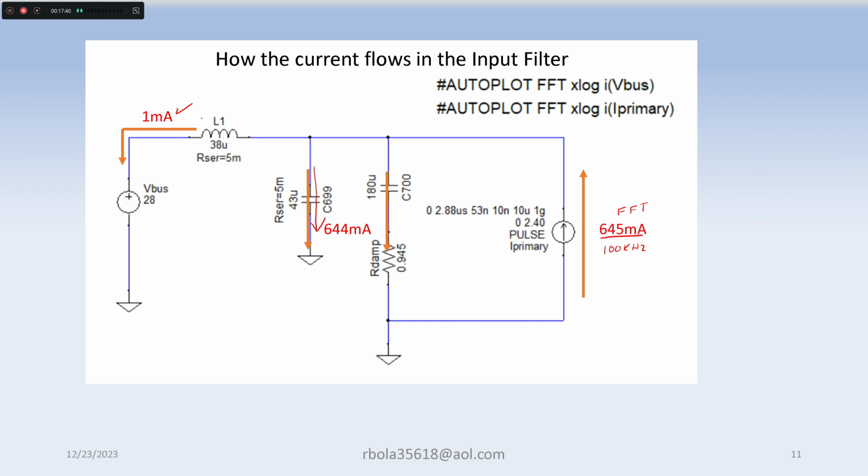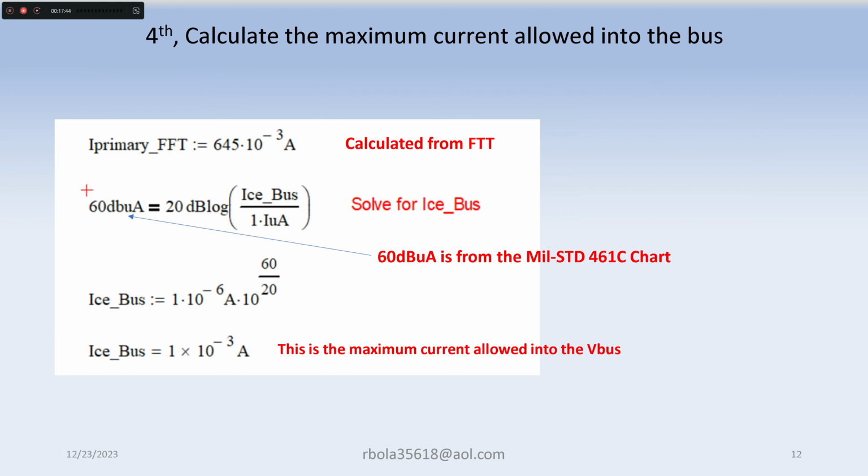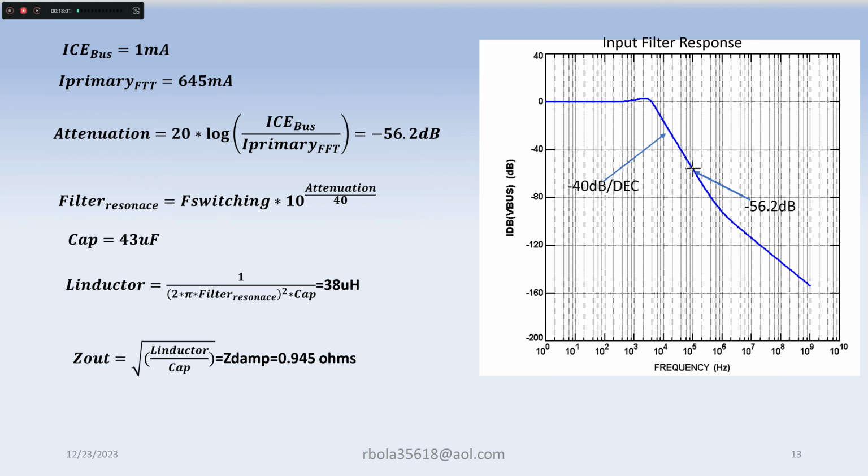So that's the goal of your input filter. Okay, so now you calculate the maximum current allowed into the bus, which we already did the math. So here we know that the bus maximum is 1 milliamp.